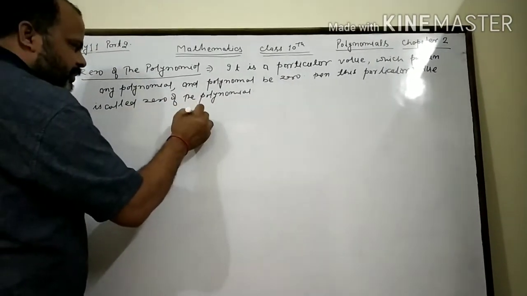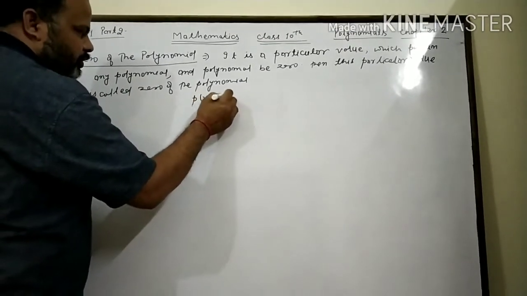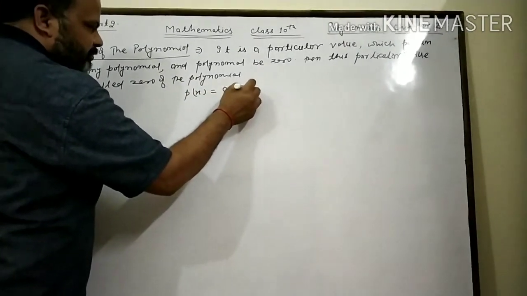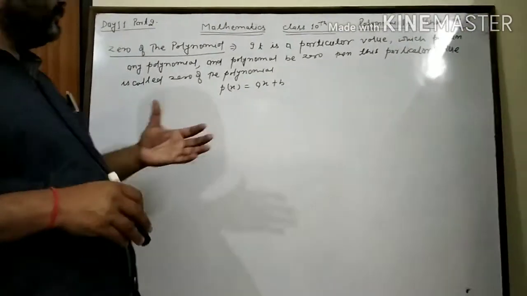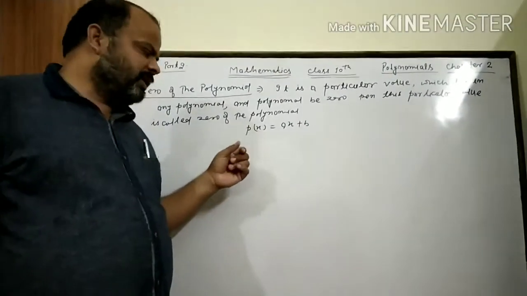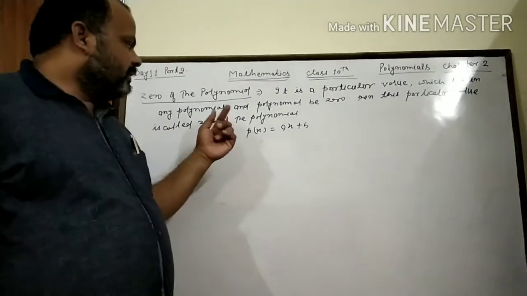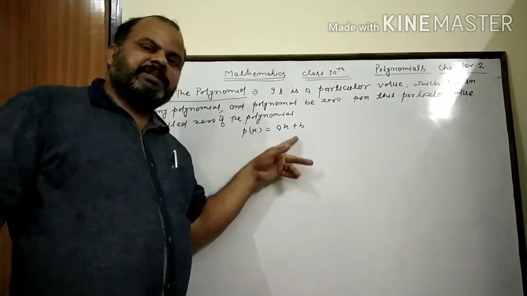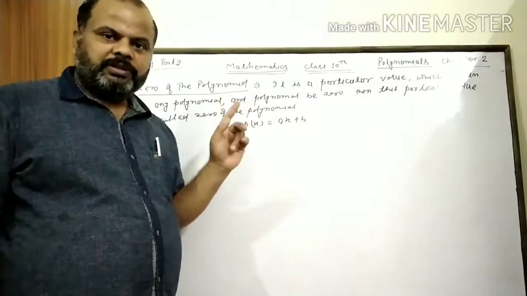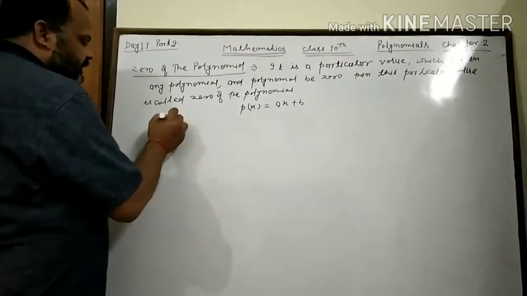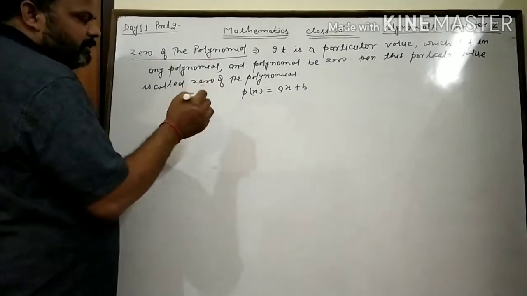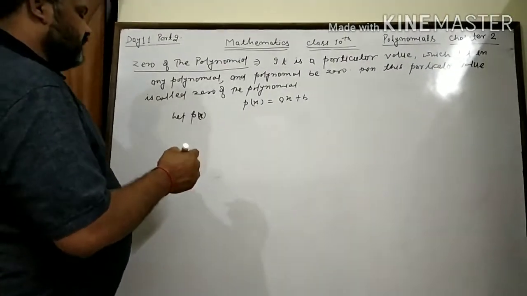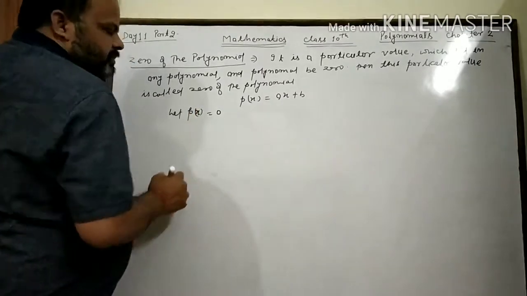Suppose you have a polynomial p(x) is equal to ax plus b. Clear? And if you want to find zero of the polynomial, that means what value of x makes this polynomial zero. Then you consider p(x) is equal to 0.